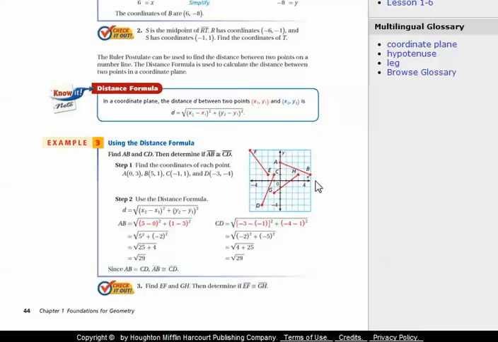Okay, so remember you have, for example, an endpoint at A and B, and basically this time you're going to subtract your x's and square it. You're going to subtract your y's and square that. Then you're going to add them together, and then you're going to take the square root of that number, and you get your distance. Okay, so make sure you look at these examples here and kind of follow along.